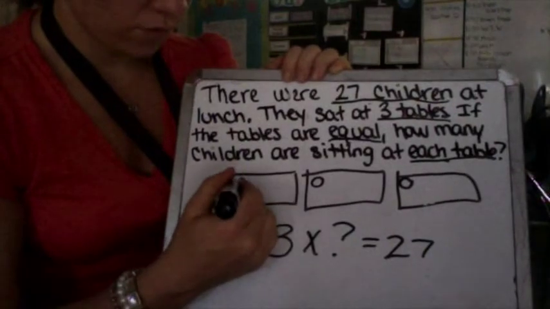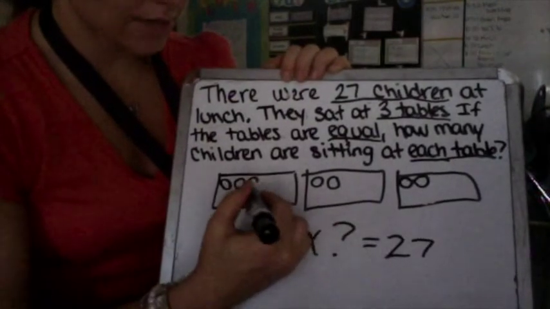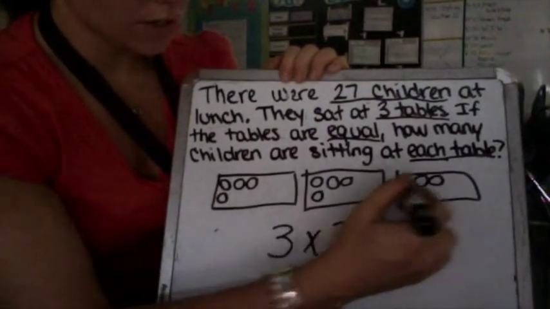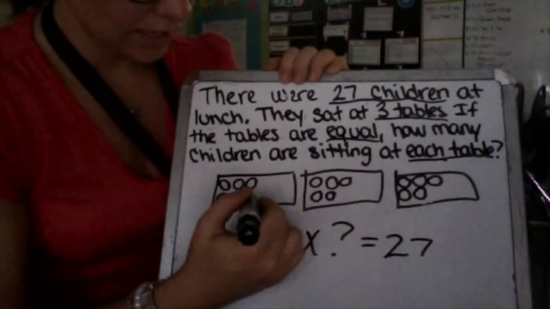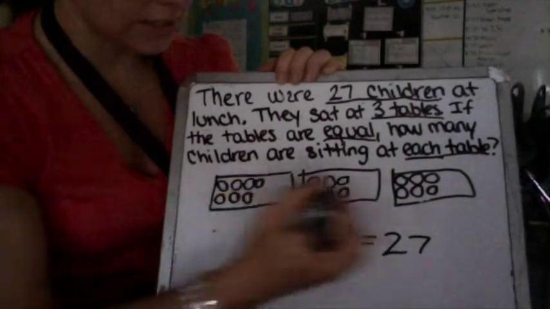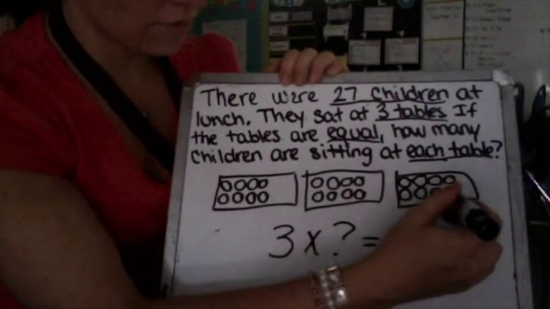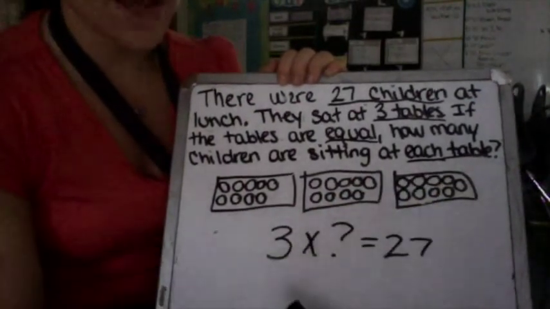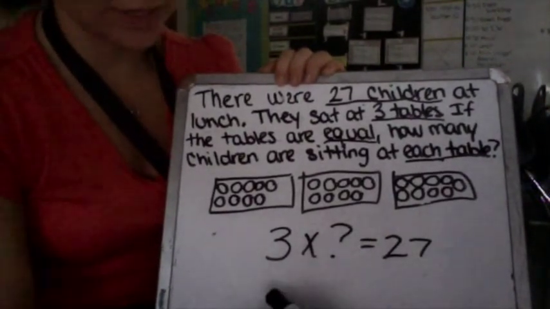Keep counting. 4, 5, 6, 7, 8, 9, 10, 11, 12, 13, 14, 15, 16, 17, 18, 19, 20, 21, 22, 23, 24, 25, 26, 27. Why am I stopping at 27? Right, because I only had 27 kids.